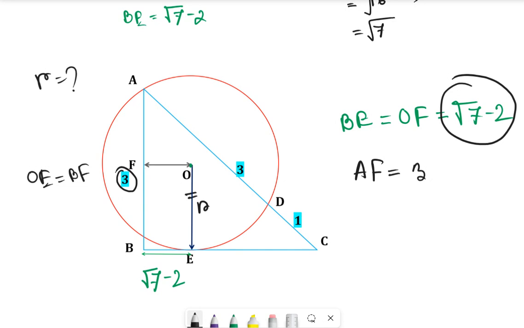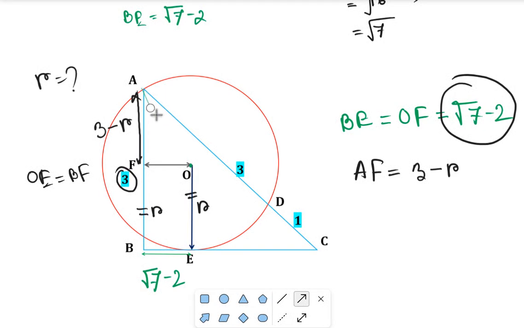So this length and this length are equal and parallel. So this is R. So AF equals 3 minus R. So actually AF is 3 minus R up to this length, right?